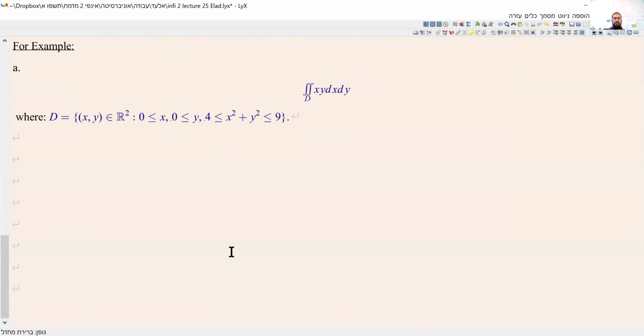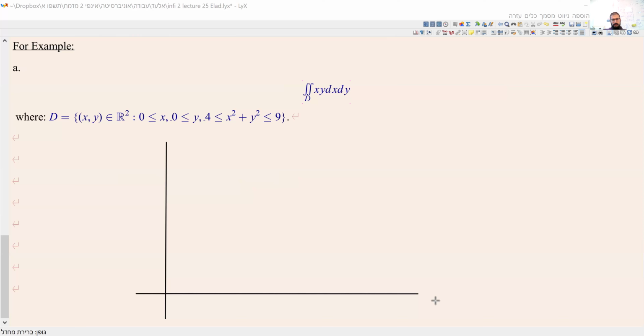We can draw this domain, and again, it is not important nor necessary, probably not even helpful.